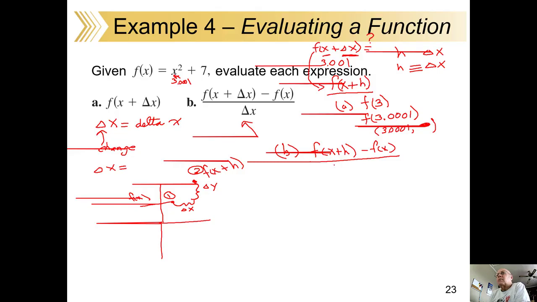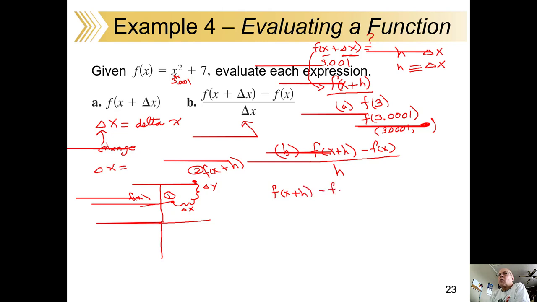On the bottom, we've got h, a very small number. It's the same h that we have up above. Now where did the h come from? Well, that's sort of sneaky because someone actually did a little bit of work ahead of time. So what we've got here is these are y values.